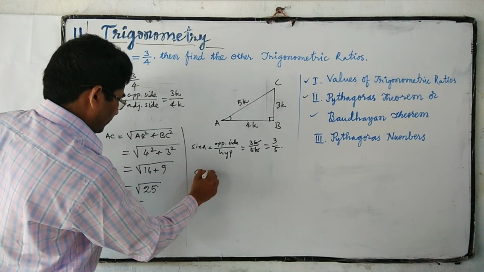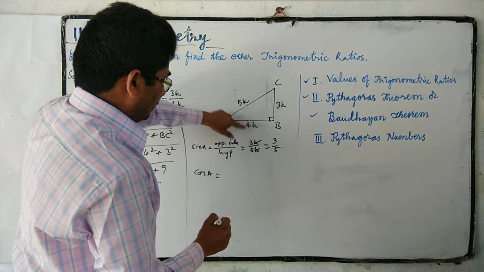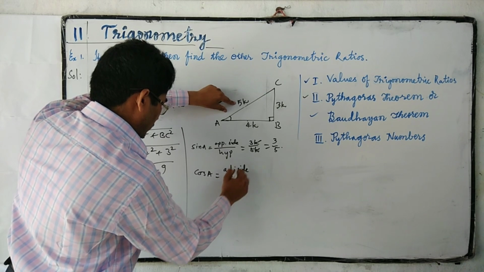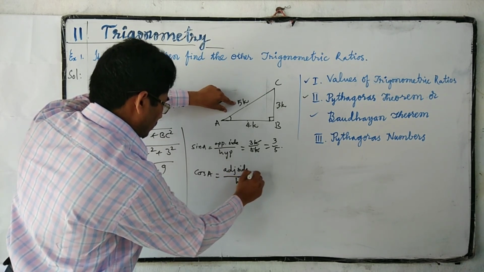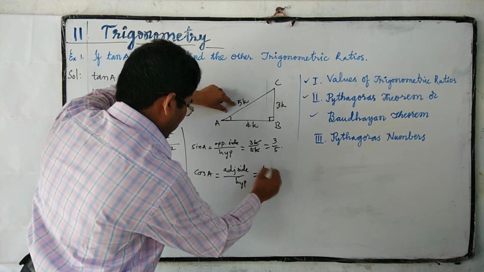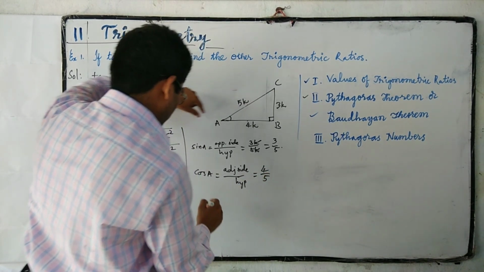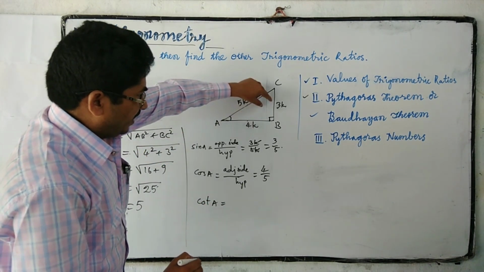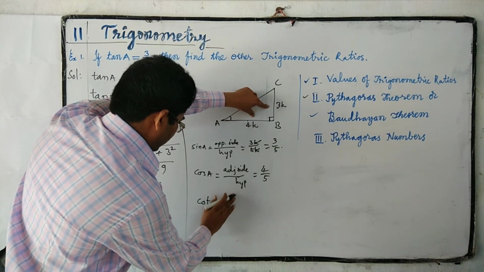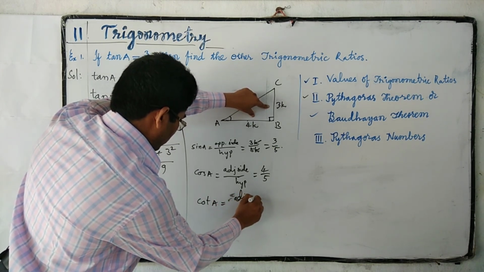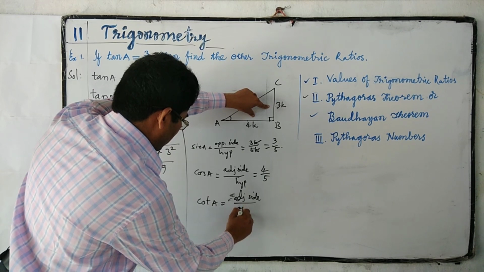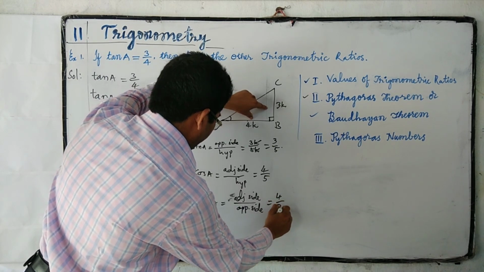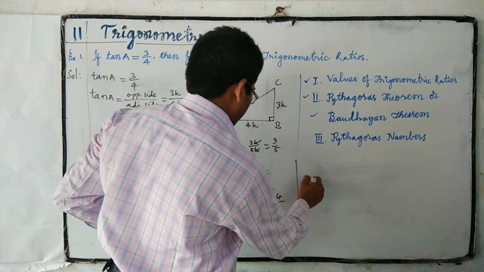Cos A is equal to adjacent by hypotenuse, 4 by 5. Cot A is adjacent by opposite, 4 by 3.